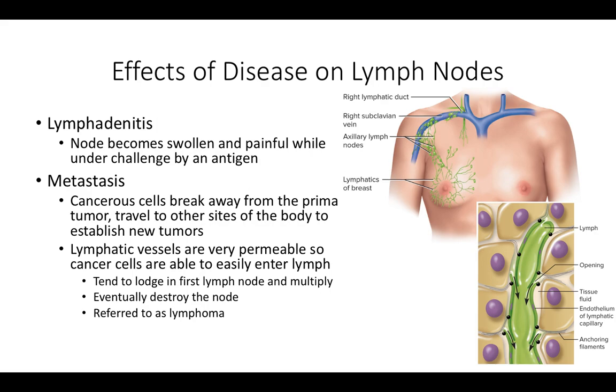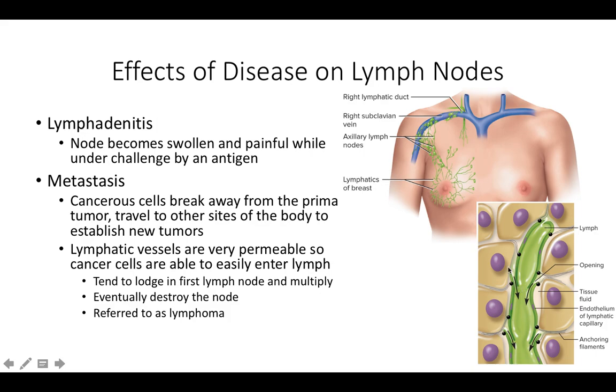And then metastasis is another effect of disease on lymph nodes. So cancerous cells typically, metastasis is when they break away from their primary tumor and travel to other sites of the body so that they can establish new tumors. And so the lymphatic vessels are so permeable, which we saw when we were looking at the structure here.